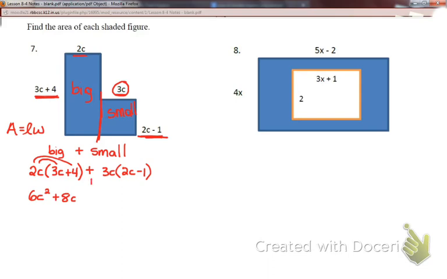Now this is nice that that's a plus sign right there, so I'm just going to bring that plus sign down. And this is 3c times 2c, which is 6c squared. Oh, there's a minus sign here, so it's 3c times a minus 1, which is a minus or negative 3c.